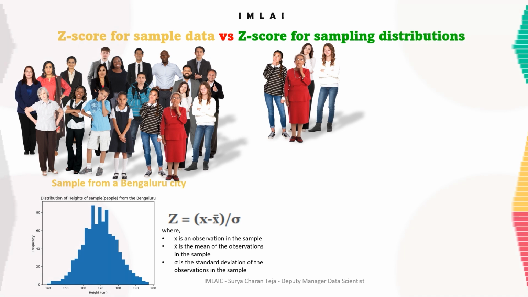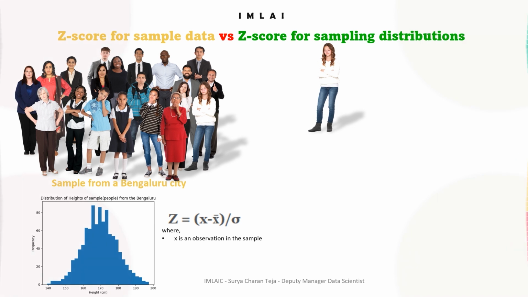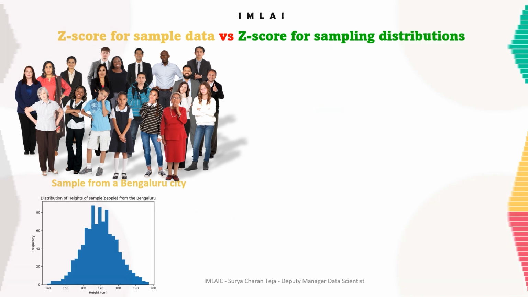Okay, now let's continue with this example here. Before, we had taken only one sample from the whole population. This time, let's take the Bengaluru citizens. That is our whole population.